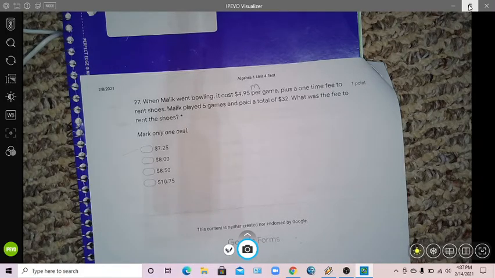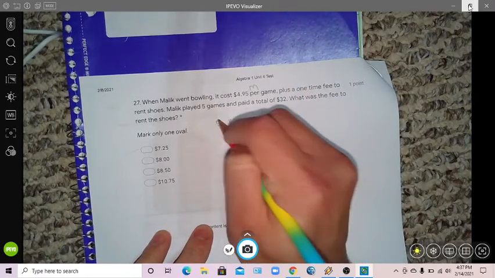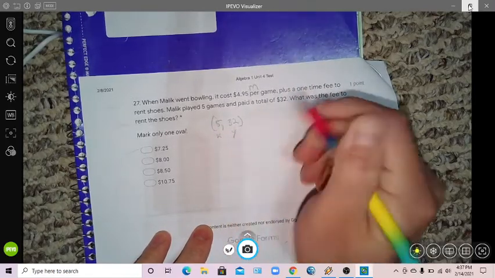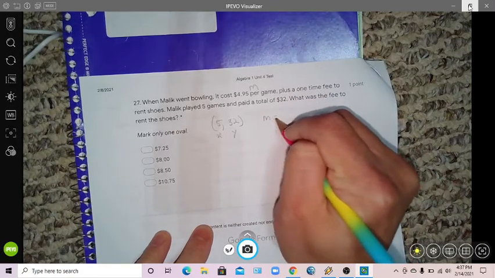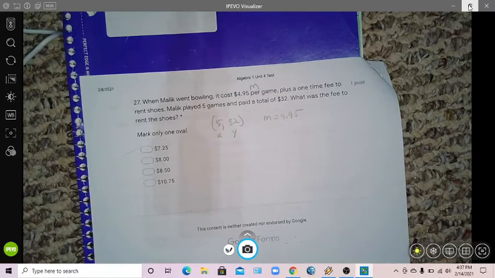Okay. All right. So at 5 games, he had to pay $32. There's your X and there's your Y. Your M is $4.95. Now you're looking for the initial charge. You're looking for B. What was the fee to rent the shoes? Because before you play any games, you had to pay that fee.